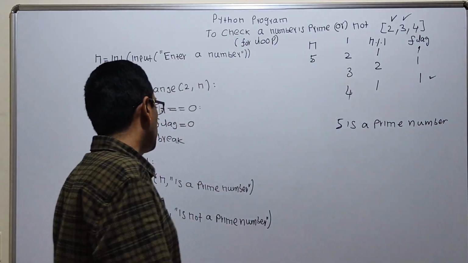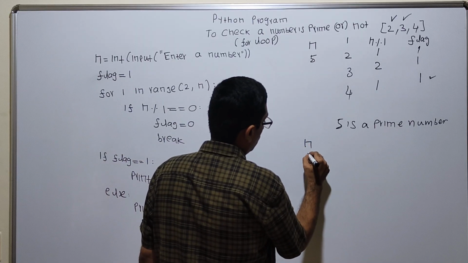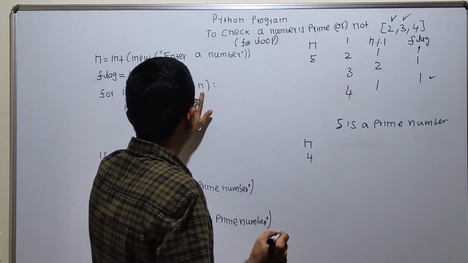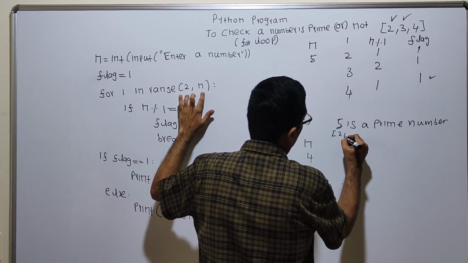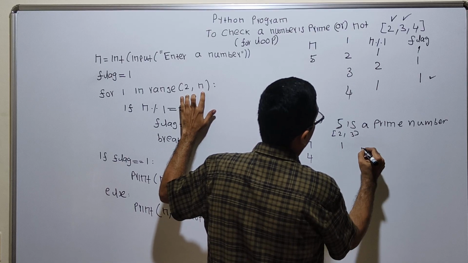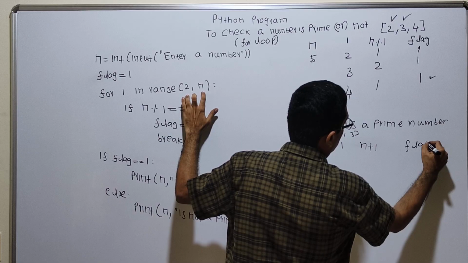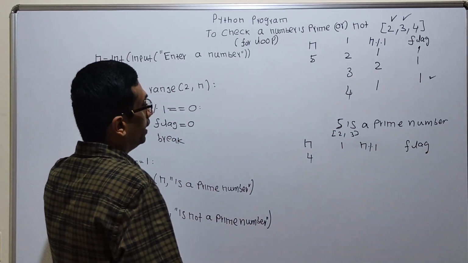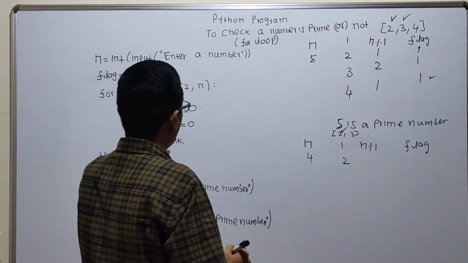For example, I am taking the value 4 now. My value n equal to 4. Here 2 comma 4 is the range function, so the list will be generated from 2 to n minus 1, which has the values 2 and 3. Here I am having the value of i, the value of n modulo i and the value of flag. I will take the first value 2, and check 4 modulo 2.